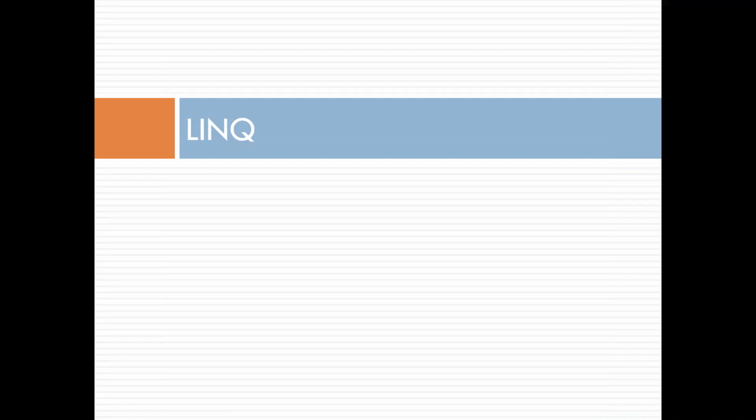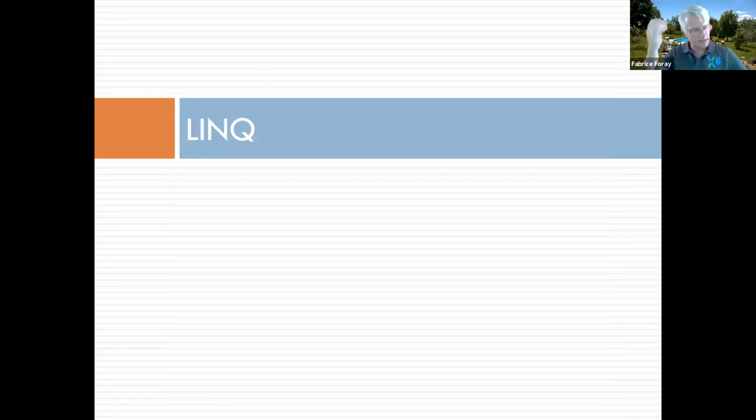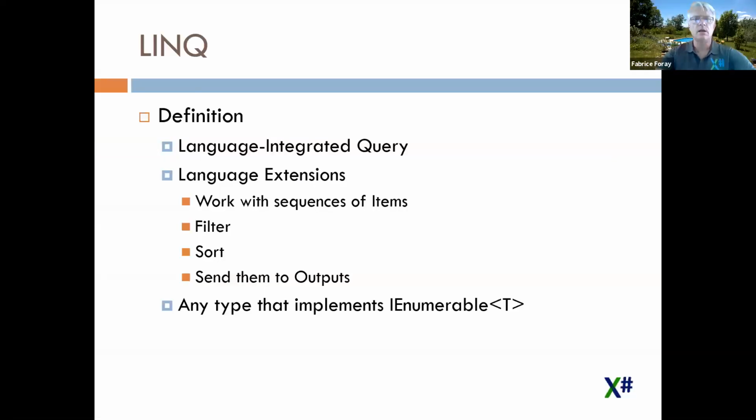Okay, great. So now let's go to LINQ, which means Language Integrated Query. It's a language extension, I think it comes from C# version 3.